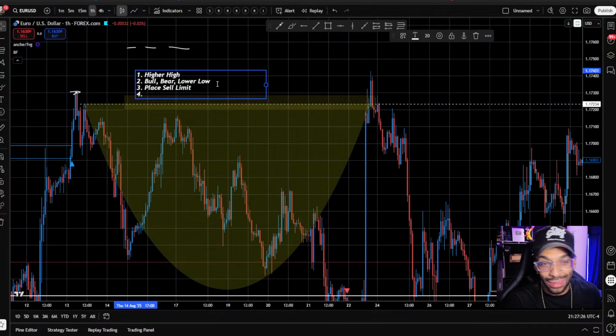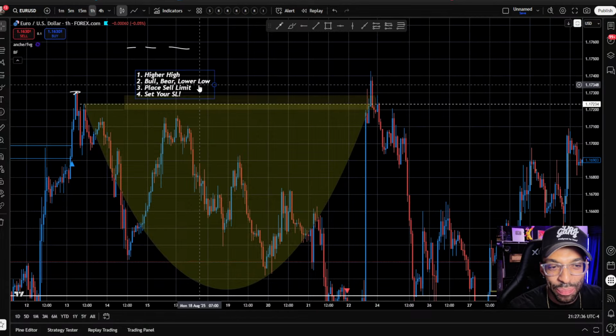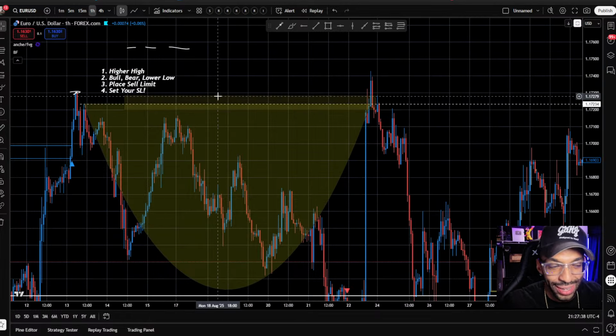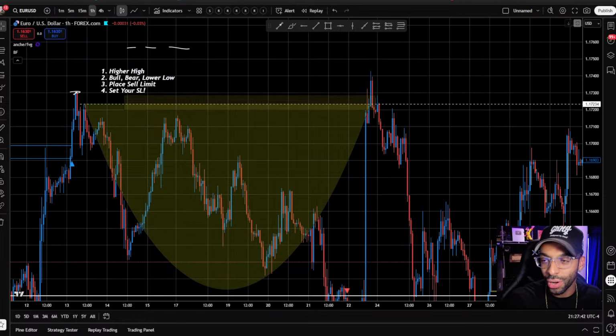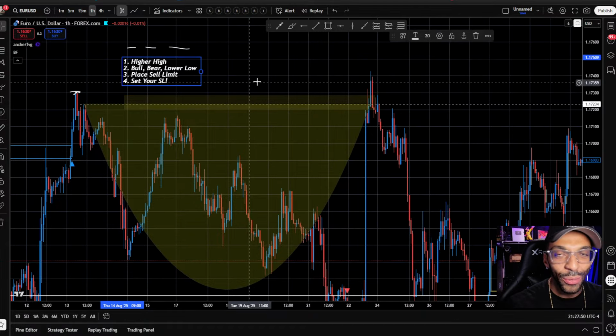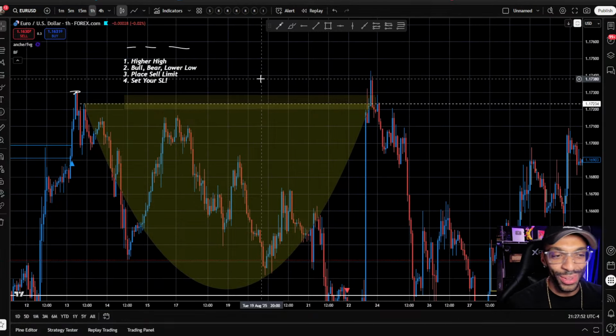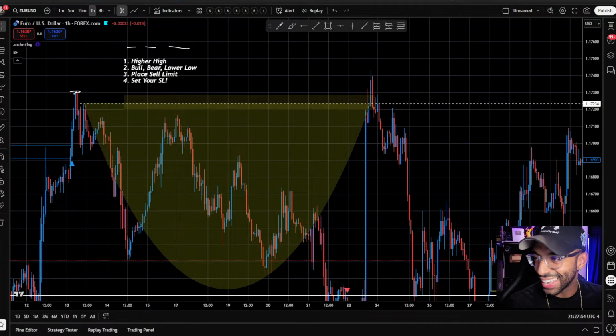We can't forget step number 4: set your stop loss. Because this is a pending order, 1000%, you want to make sure you do not set up any pending orders without one. The market is going to enter you in that trade whether you are on the charts or not. You do not want to enter any trade without setting that stop loss. Make sure you guys have that set up.